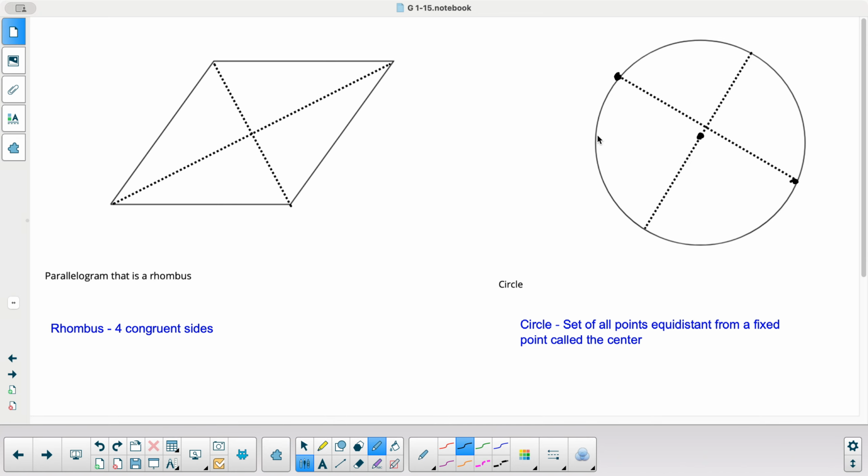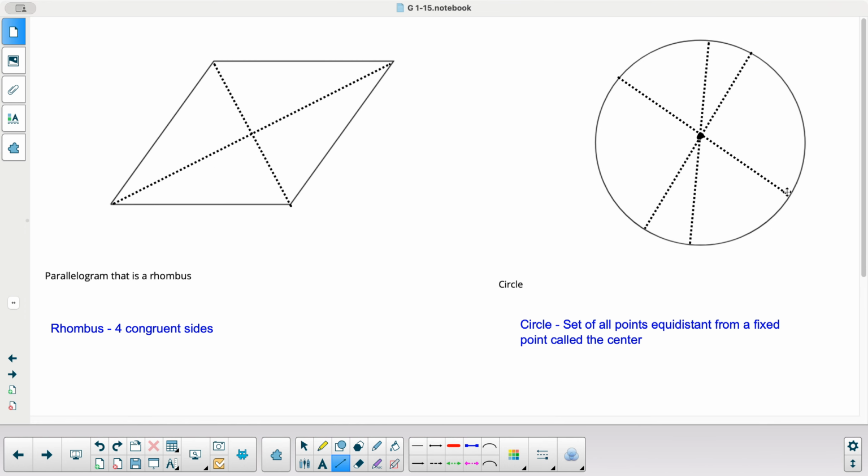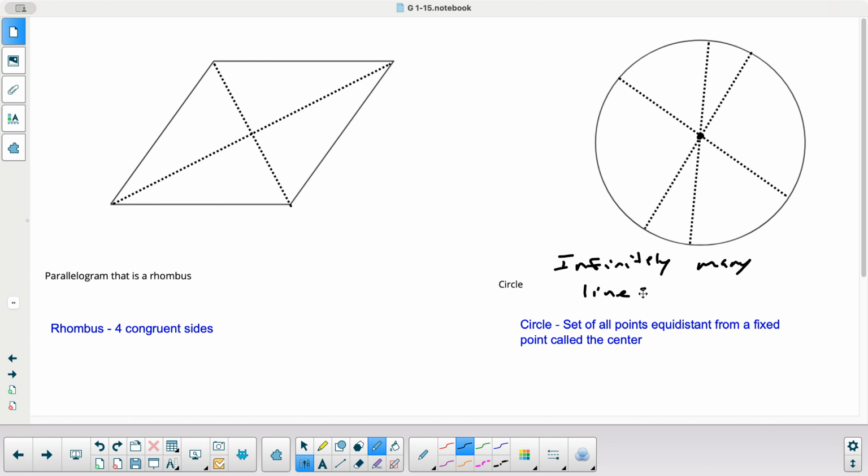And you could basically reflect any point across that line. It would always work. So you could draw as many of these as you want. Any diameter has to go through the center. So infinitely many lines of reflection. Okay, it's got to be a diameter. Again, remember the circle definition: set of all points equidistant from a fixed point called the center.